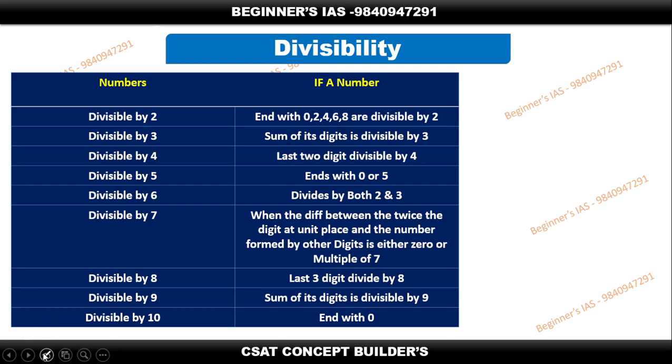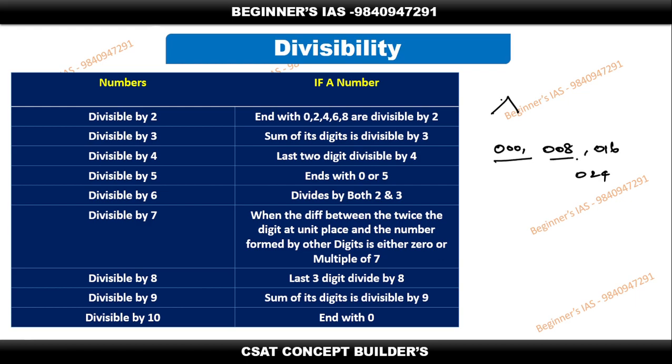Divisibility by 8. This is also a very important concept. Already we have learned divisibility by 2 and 4. Listen, take the last 3 digits. So 000, then 008, then 016, then 024, like that.